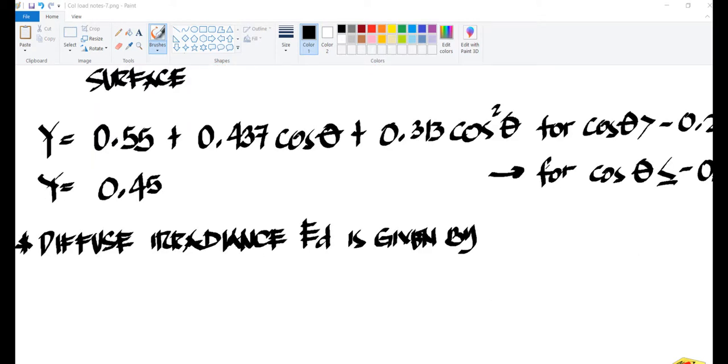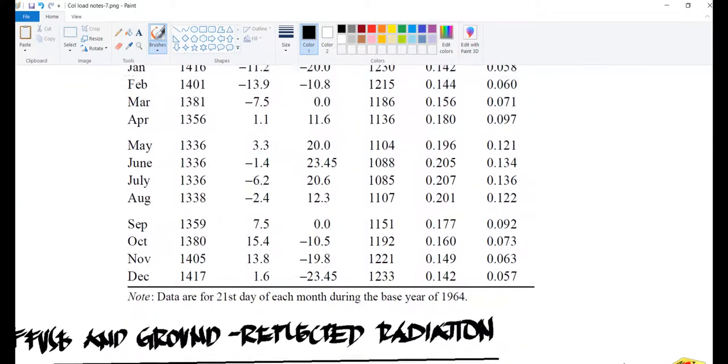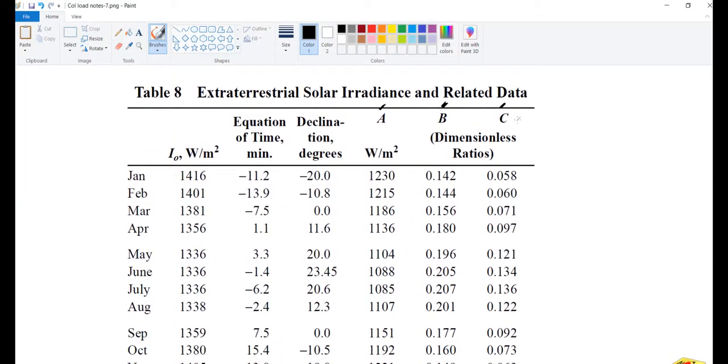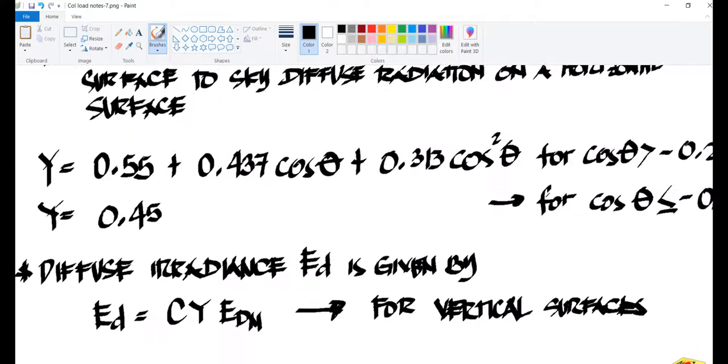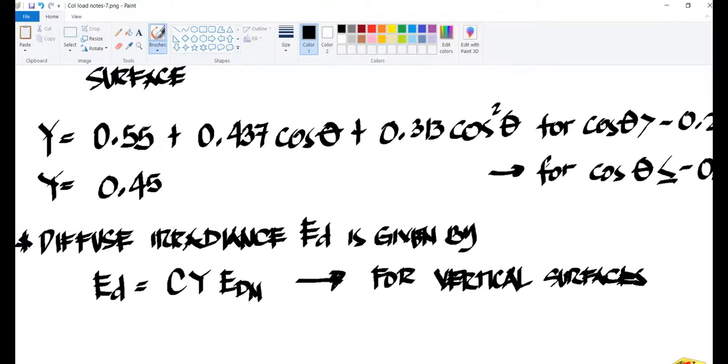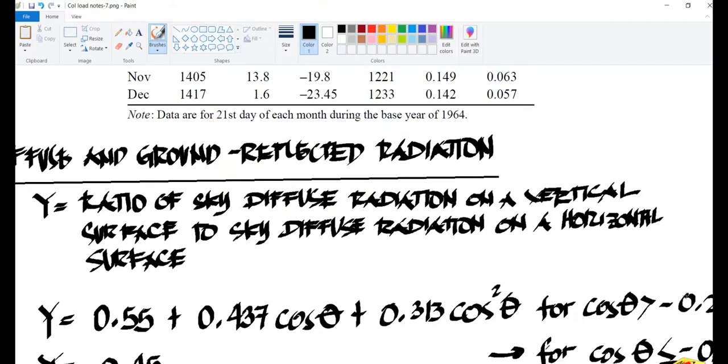Now for the diffuse radiation, ED is given by C times Y times EDN for vertical surfaces. The value of C is from the table. Then your Y depends on the cosine theta. And EDN, we have the equation from earlier, you can still remember where we got that.